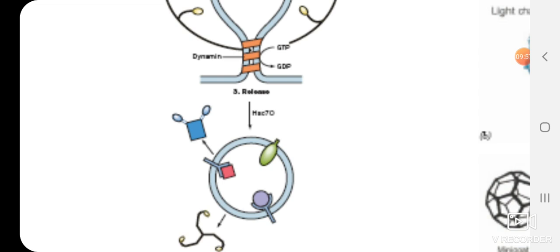Thereby this particular protein starts hydrolyzing the GTP which is attached to it and converts it into GDP, which makes this particular protein inactive. On the other hand, the other chaperones like HSC70 will come into play. There are a number of homologs of HSC70 in humans. We call them HSPs.